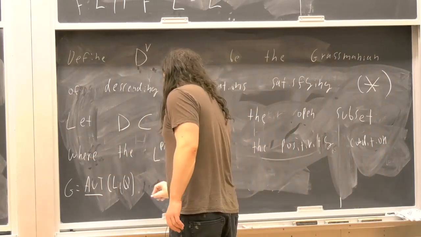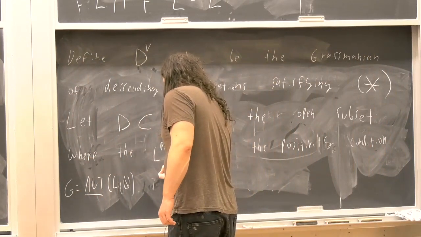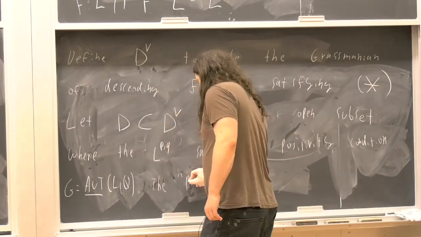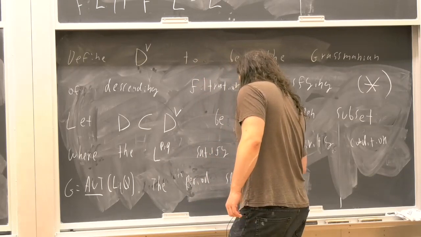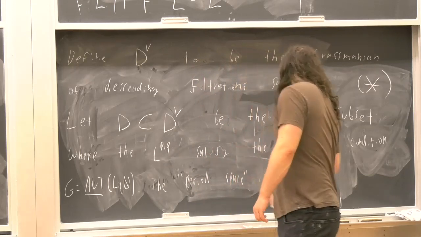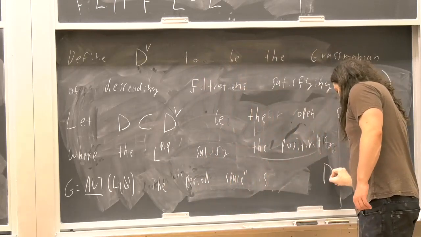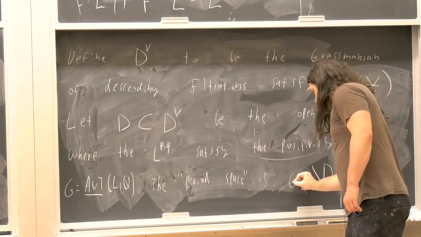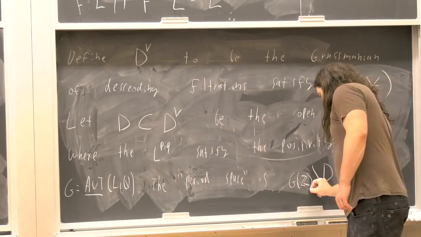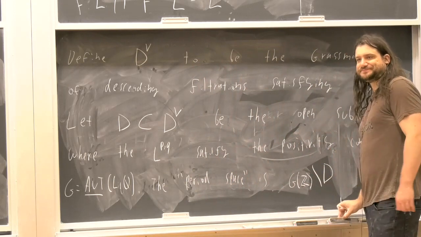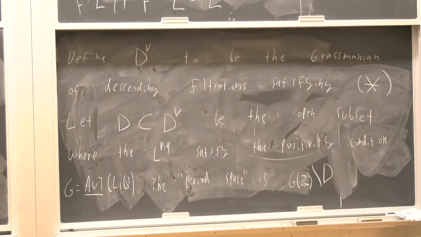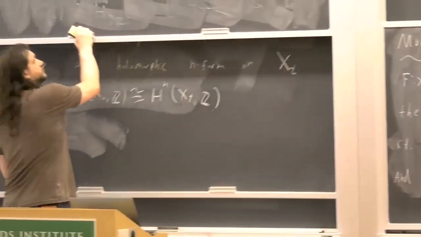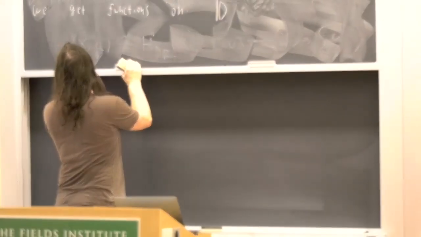So then the period space, the so-called period space, is defined to be this D mod G of Z. And so now finally we have some sort of well-defined moduli space.